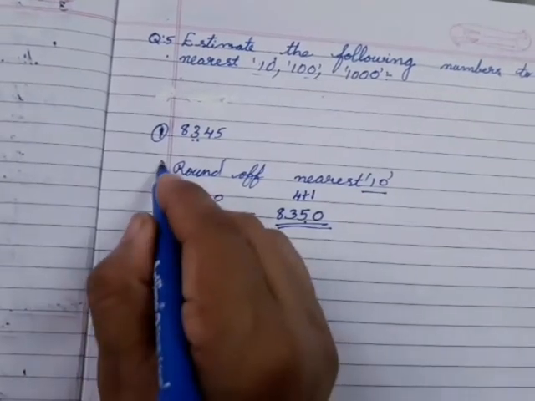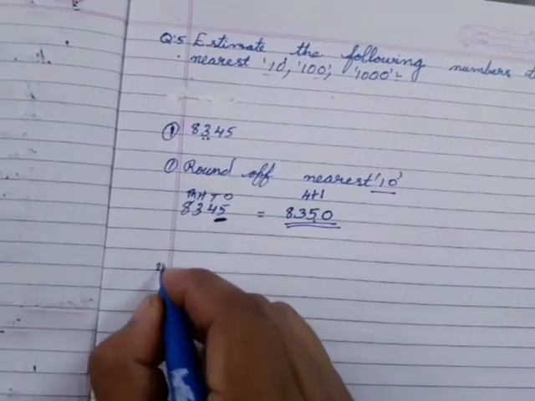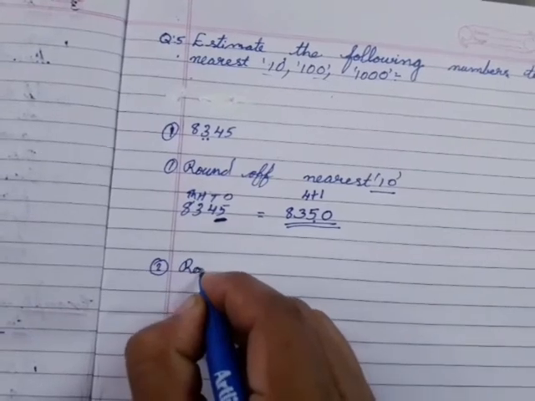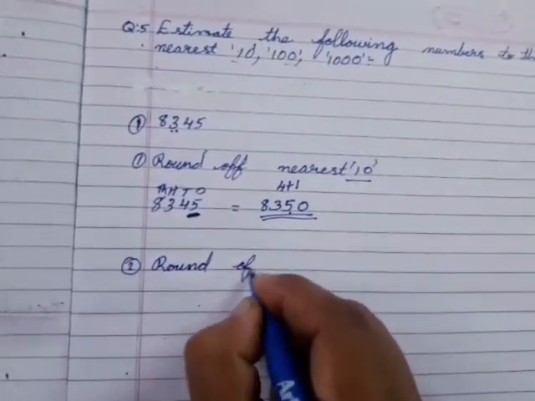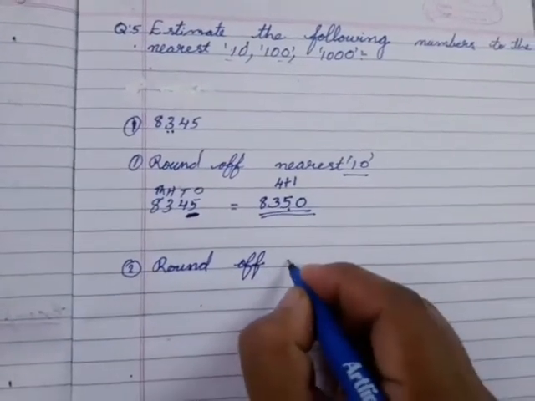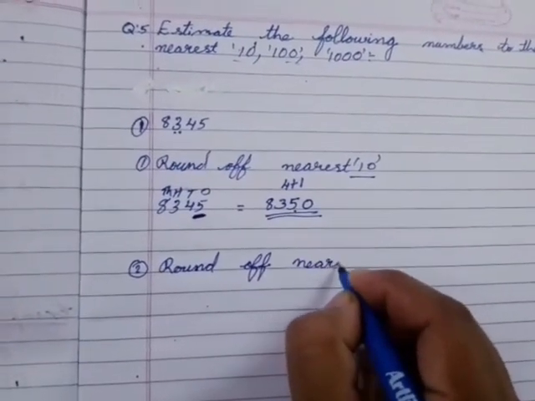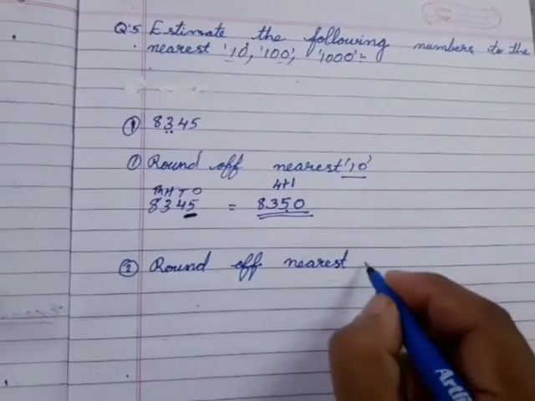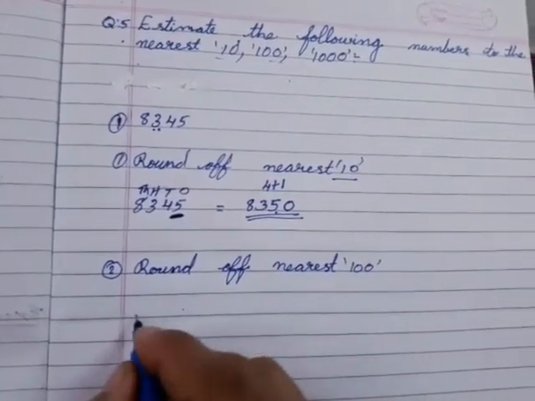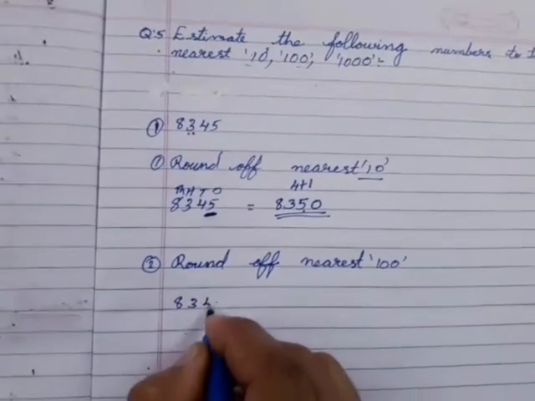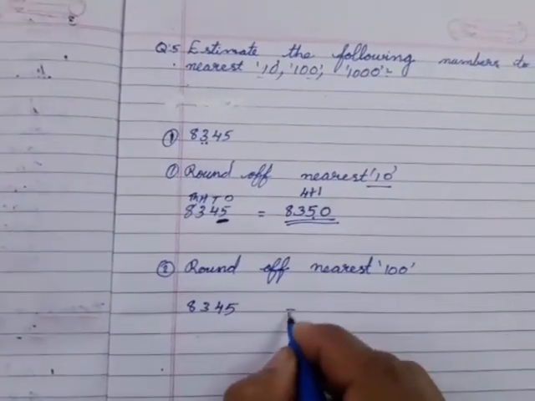Next, round off to the nearest 100. Again take 8345.